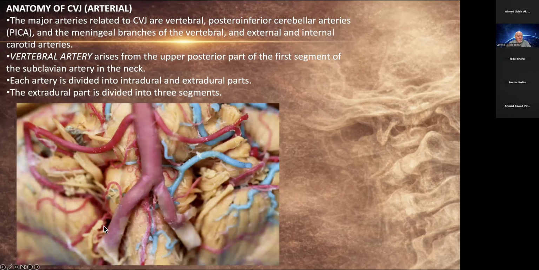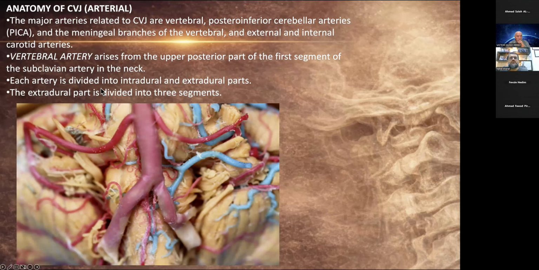So the major arteries related to the craniovertebral junction are the vertebral, the posterior inferior cerebellar arteries, and the meningeal branches of the vertebral and external and internal carotid arteries. The vertebral artery arises from the upper posterior part of the first segment of the subclavian artery in the neck.